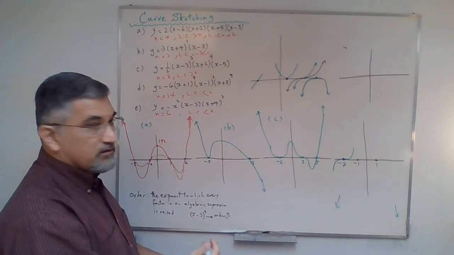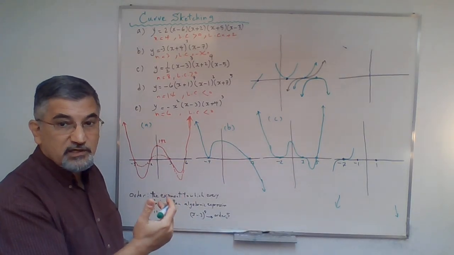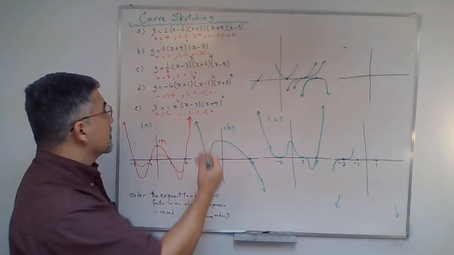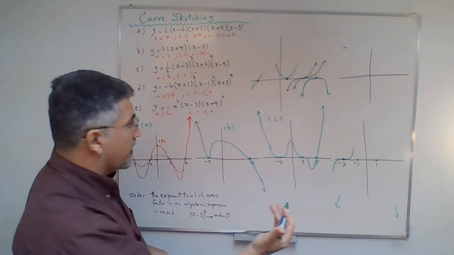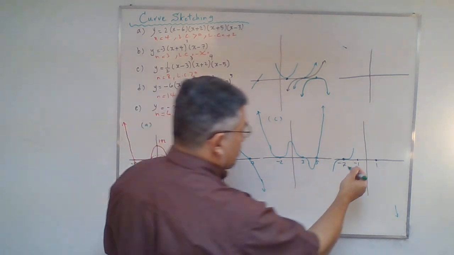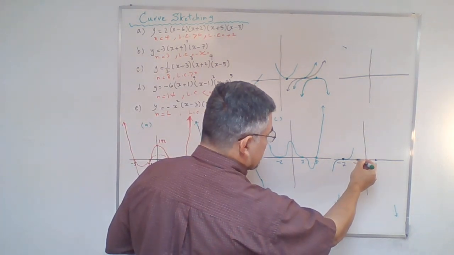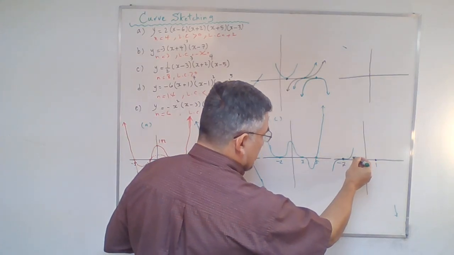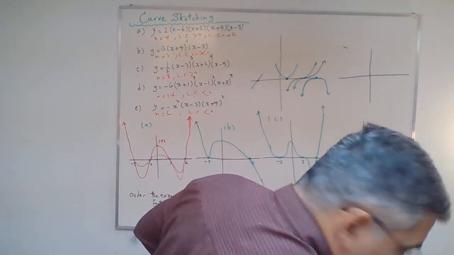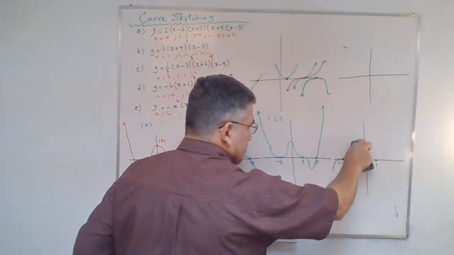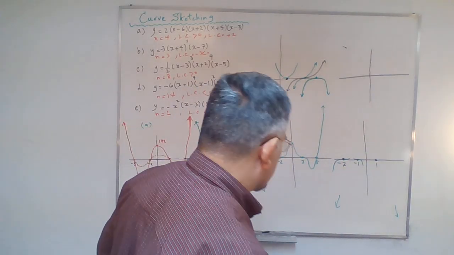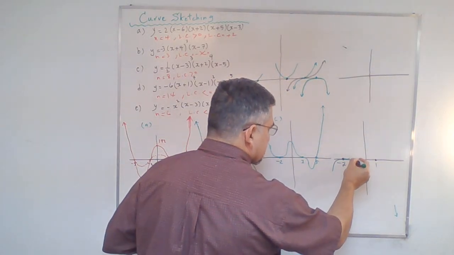And that is very flat because the exponent is a high odd number. So we're going to have an inflection point at -1, but that inflection point is very flat. So something like this. Now, it's hard to show because these are not drawn to scale, but something like this.